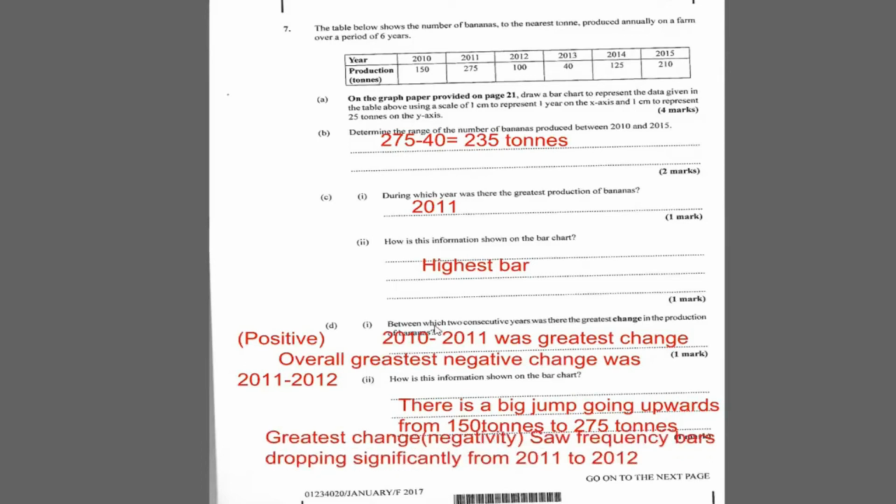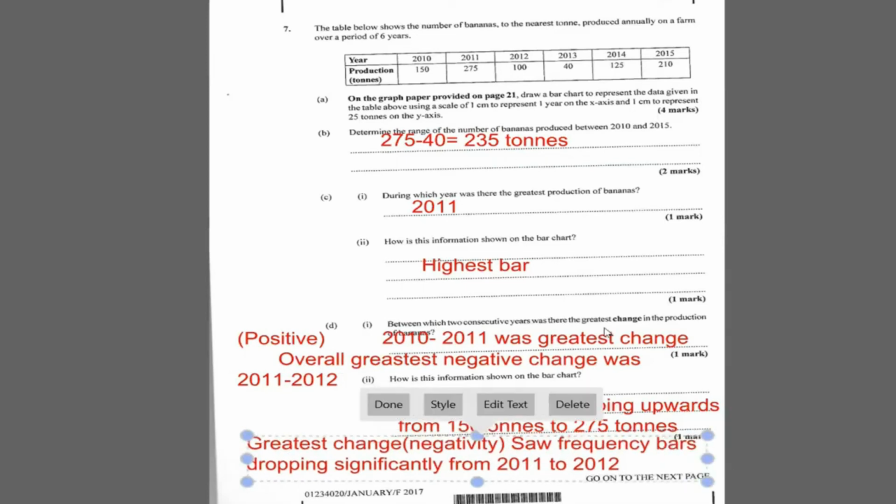We'll give them the positive and the negative, just to make sure we answer the question, because generally greatest should have a positive connotation. Greatest should mean which has the greatest increase, but because it didn't explicitly say greatest increase, just put in two of them to be safe.